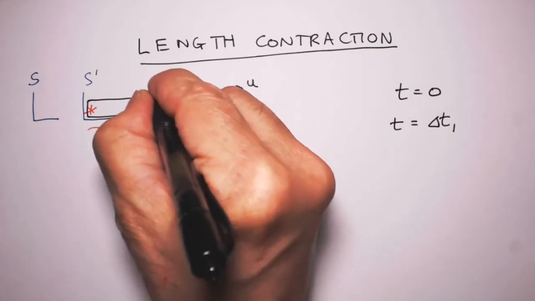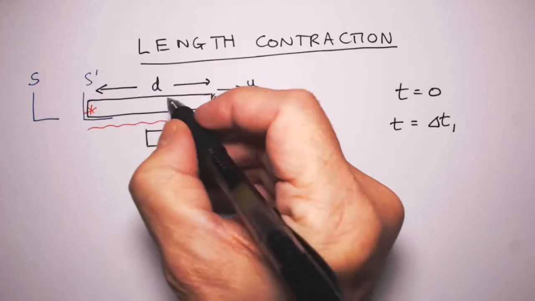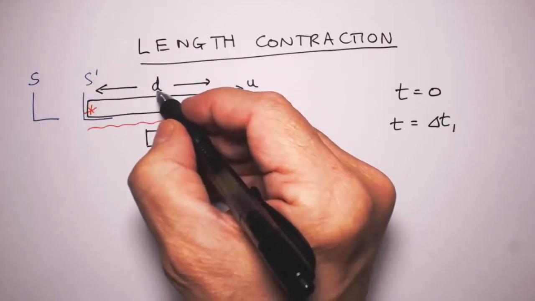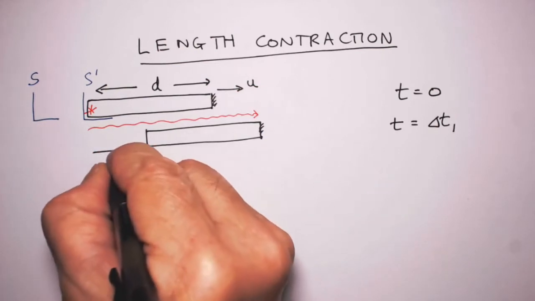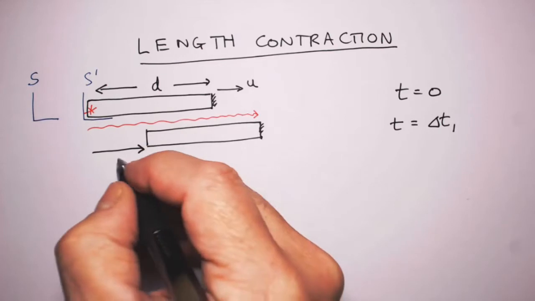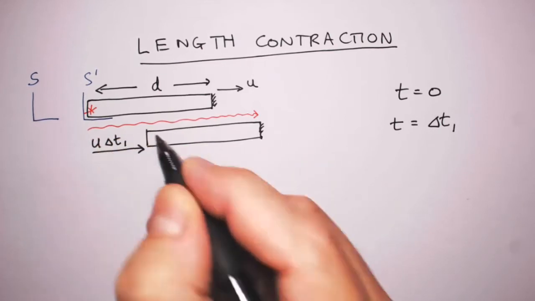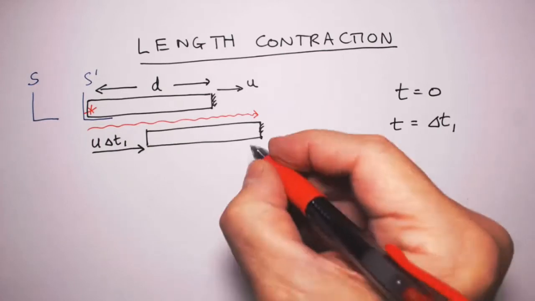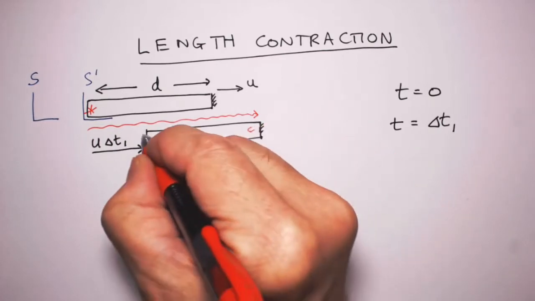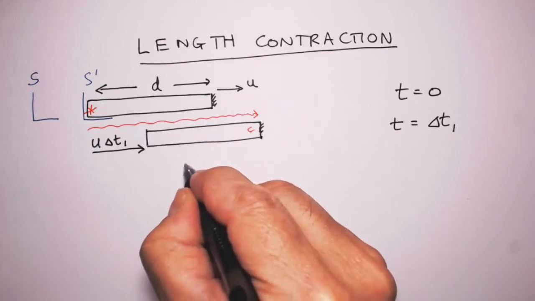Now recall that the length of the light clock is d, which is not necessarily the same as the length at rest. So the distance that this light clock has traveled during that time, delta t1, is u delta t1. Then the light signal is reflected from the mirror, and it travels back towards the receiver at the left, and that takes a certain amount of time.